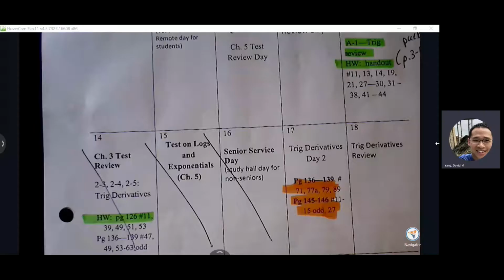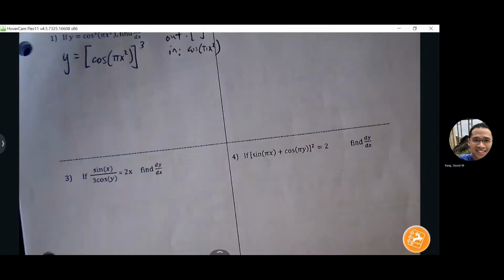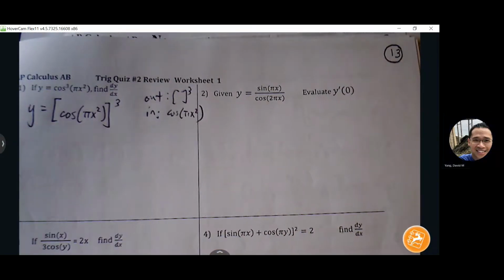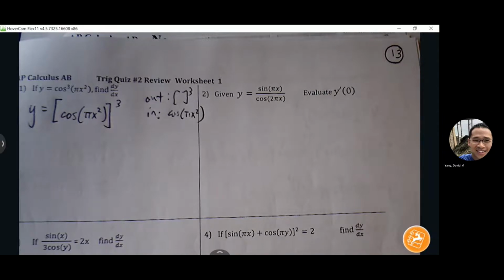Yesterday, and we're on page 13. You want to take that third page, class.